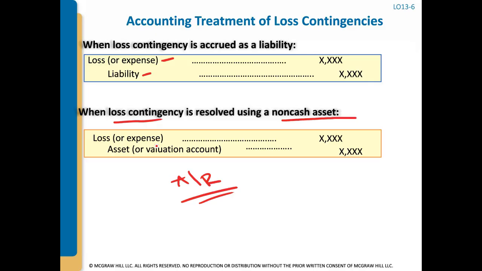It seems probable that we will not be collecting that accounts receivable. So we're going to debit the loss. We would debit bad debt expense, and we would credit the asset, either accounts receivable or allowance for doubtful accounts, depending on how the accounting is done for that company. But it's not crediting a liability. You're going to credit the actual asset.